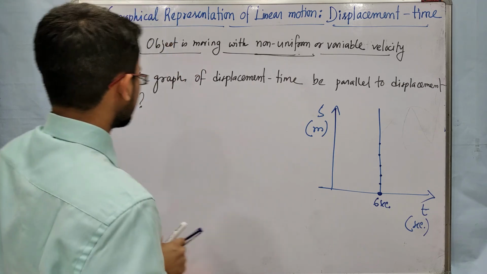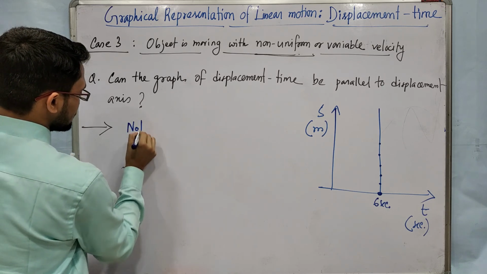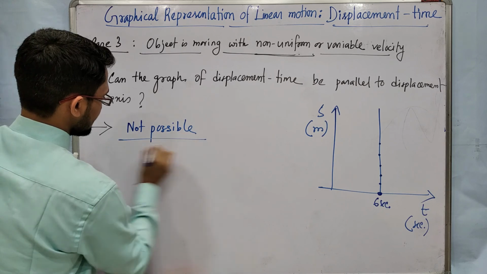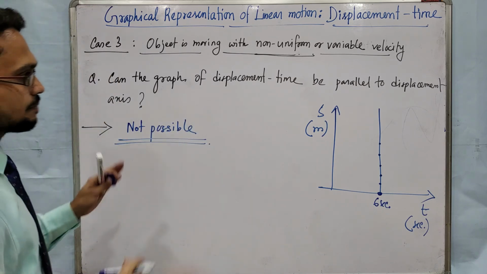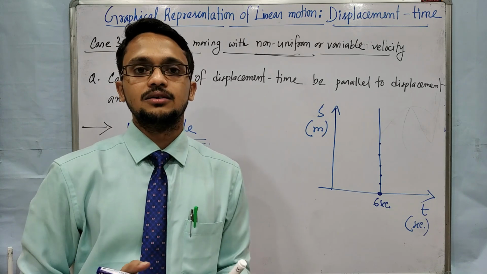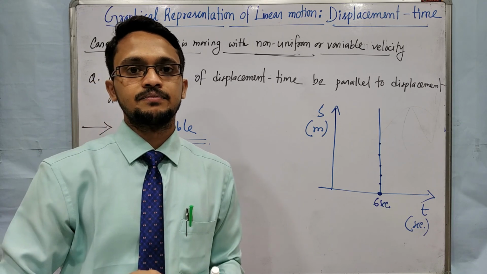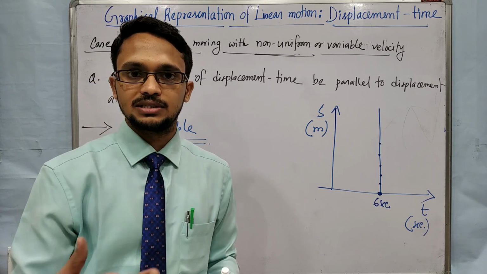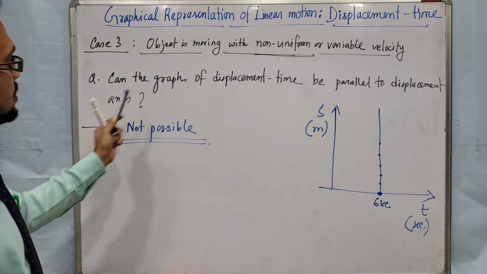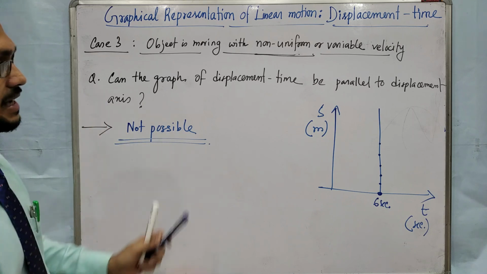So this type of graph is not possible. It cannot change its position at a particular time. If it changes its position, that means time is also changing. So the displacement time graph can never be parallel to the displacement axis.